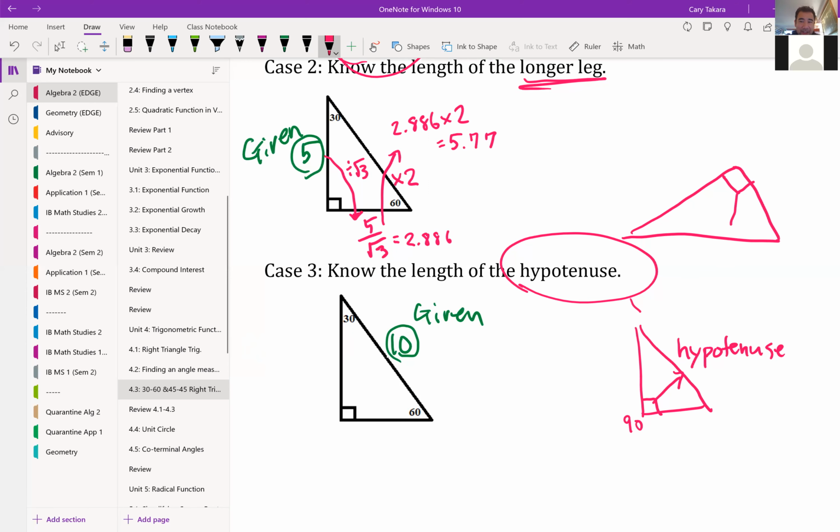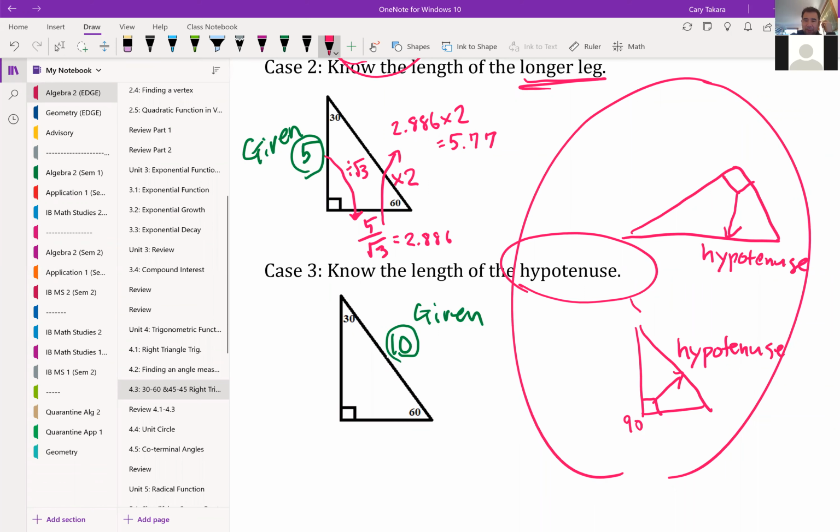The hypotenuse is actually on the bottom right here. It's always the side across from 90 degrees. Please remember that, and please write this down too.